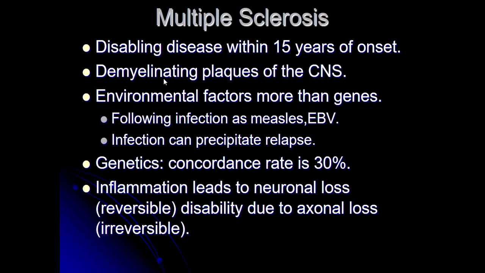The main pathology is demyelination, forming plaques of the CNS or the neuronal cells. Here, some environmental factors could play a role more than genetics. So genetics and environmental factors both matter, but environmental factors much more.